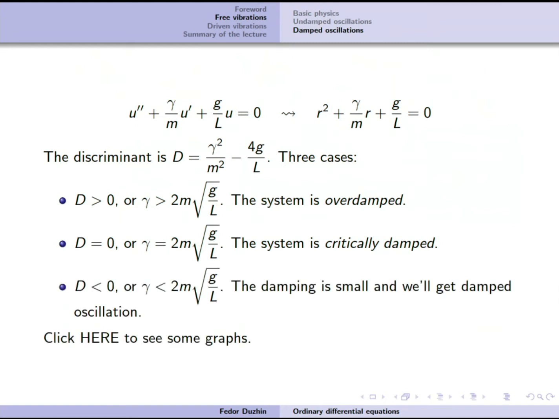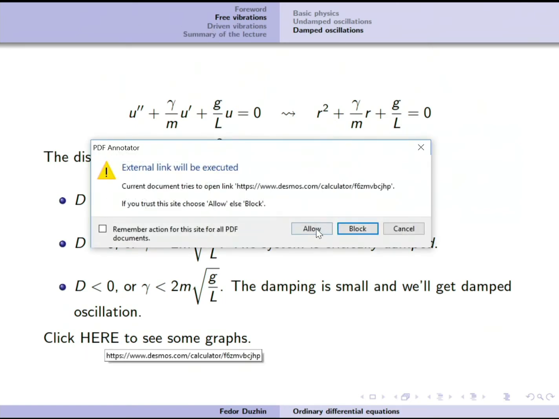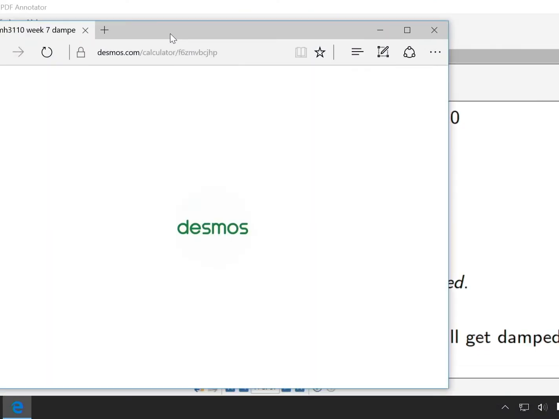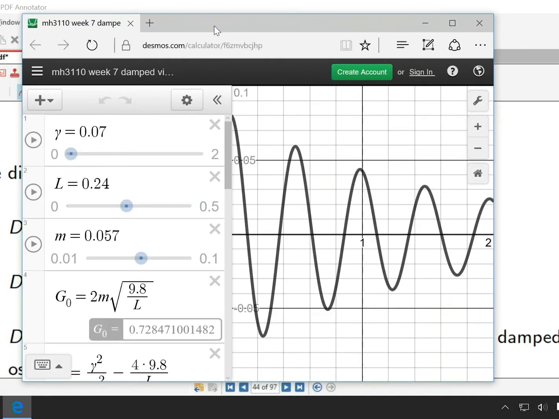And if the discriminant is negative, then the damping is small, and in this case we are going to have some oscillations.